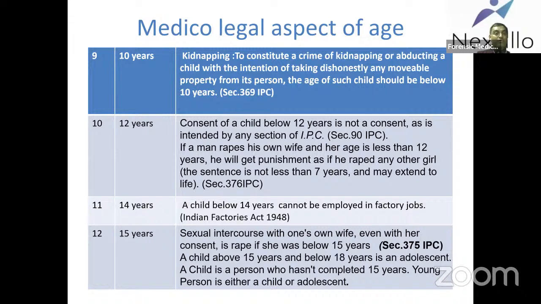15 years is of importance. Sexual intercourse with one's own wife, even with her consent, is rape if she was below 15 years of age.